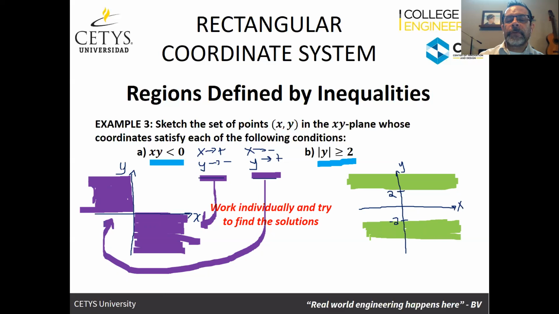Okay. And so the region is defined by an inequality that's given by this number here, that can be either positive or negative.